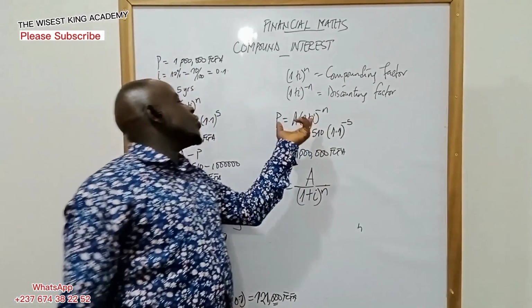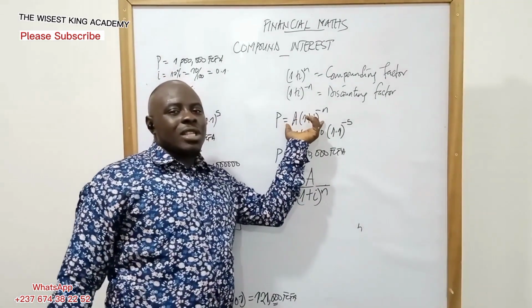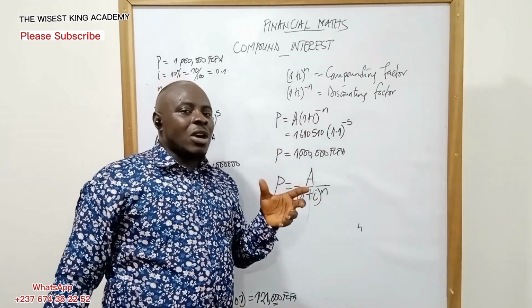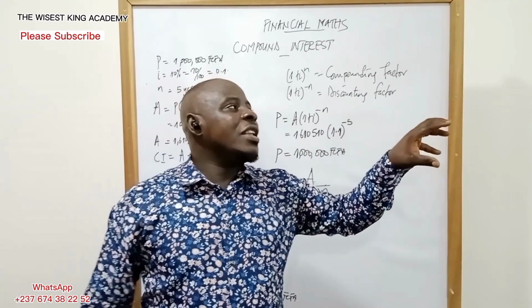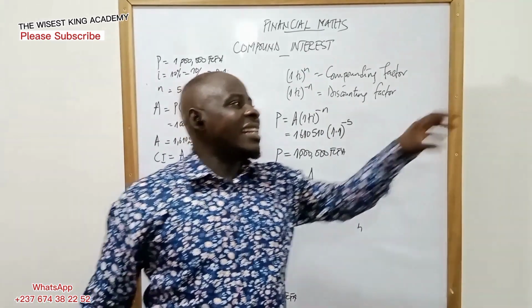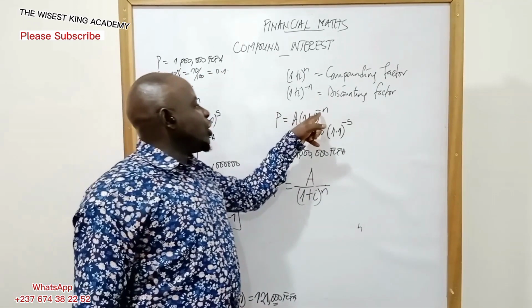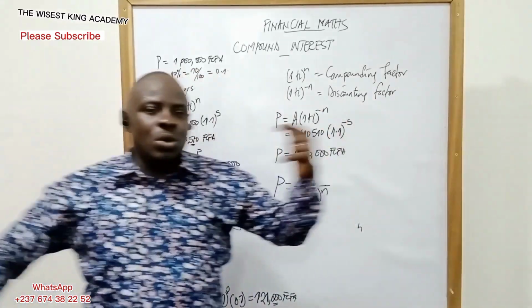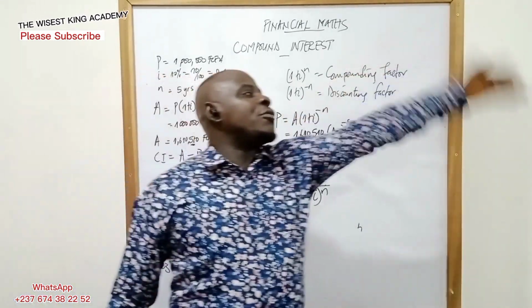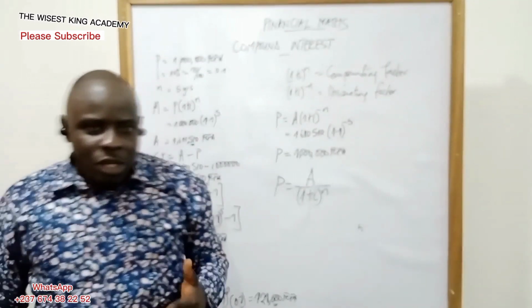But I always love using the discounting factor because it actually shows the effect of moving from right to left, which is denoted by this negative sign. You are moving from the future and coming back into the present.